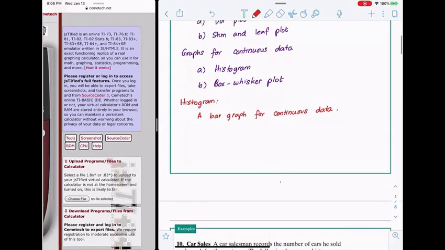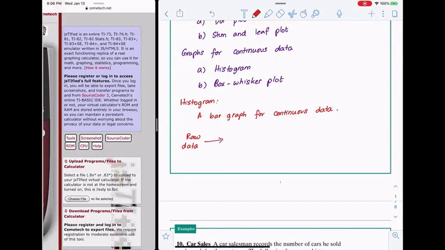So what do I mean by that? Or what do I mean by a bar graph for continuous data? So we have raw data, which is a bunch of observations.